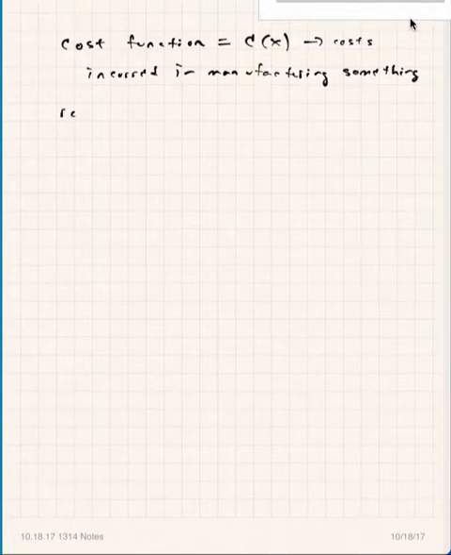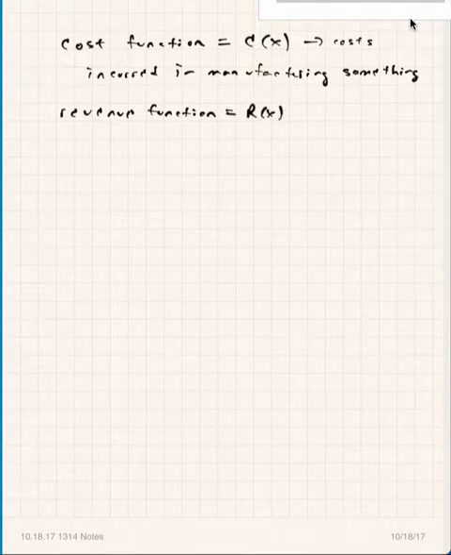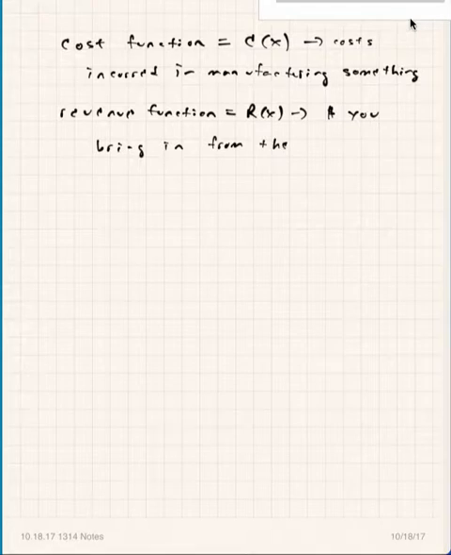And then you have another function that's called the revenue function. The revenue function is sometimes labeled R of x. And that is the money that you bring in from the sale of something.